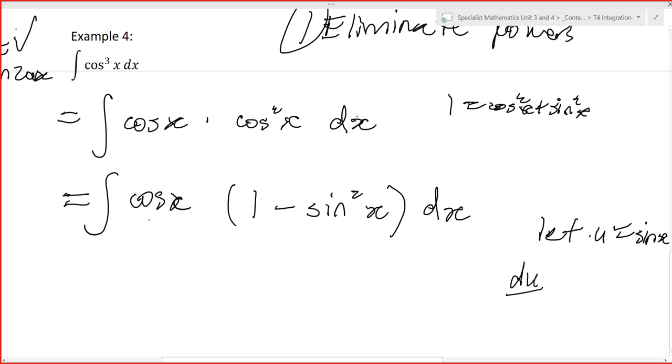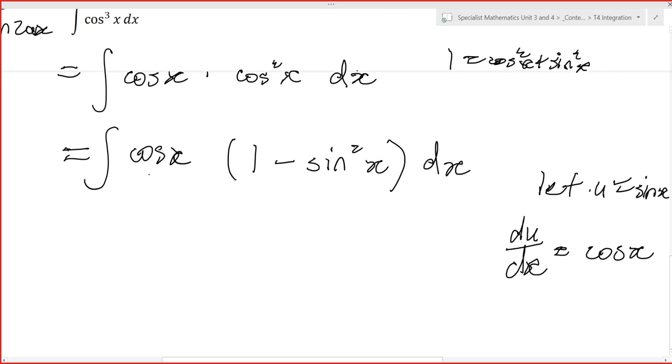And remember last lesson, the derivative of sine x is cos x. We rearrange so dx is by itself. So dx equals du over cos x.